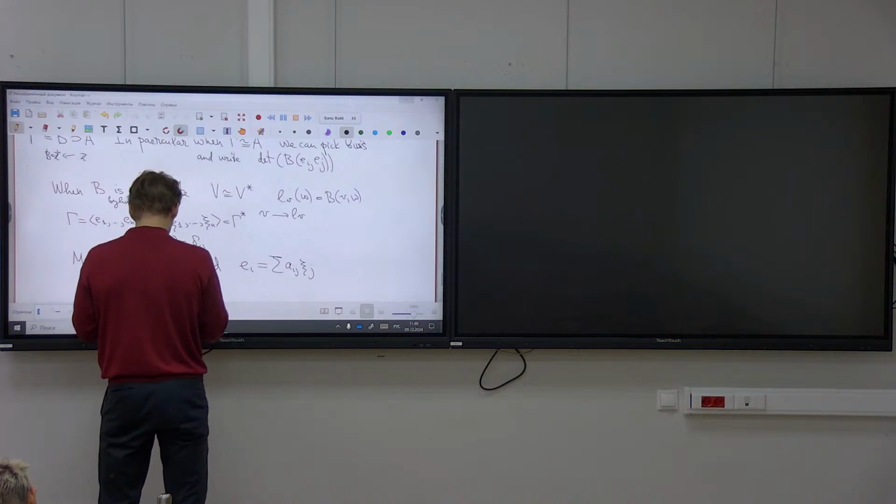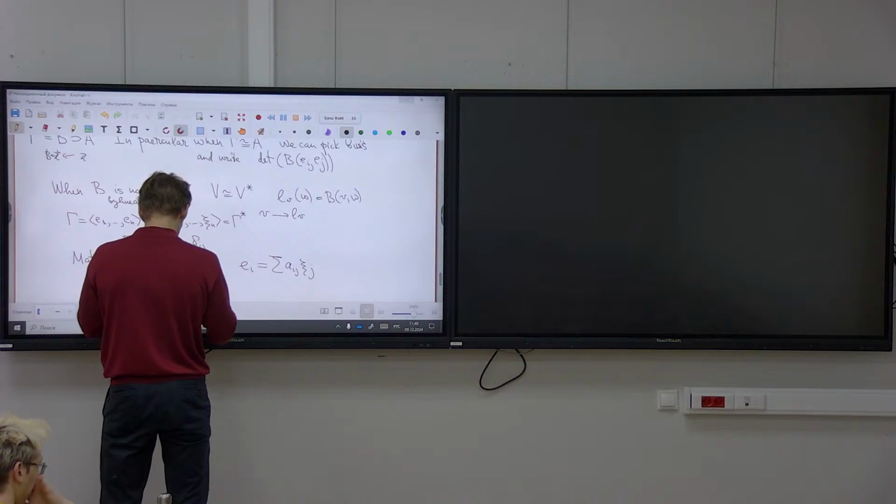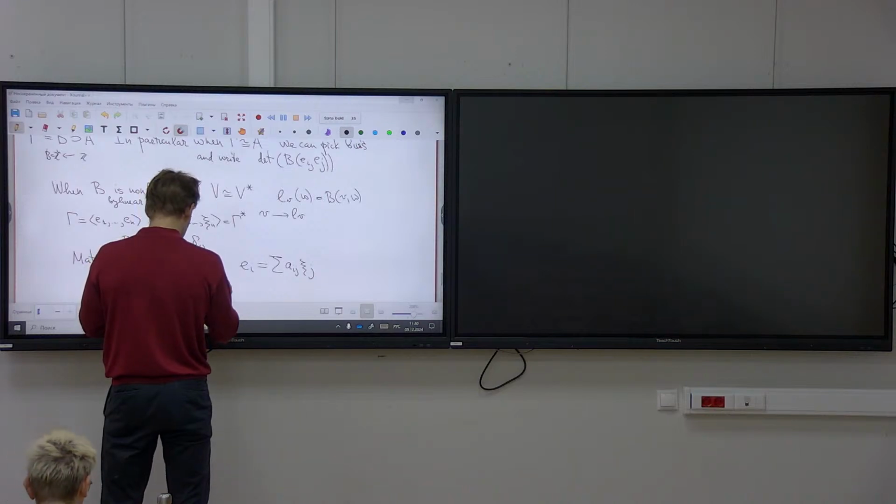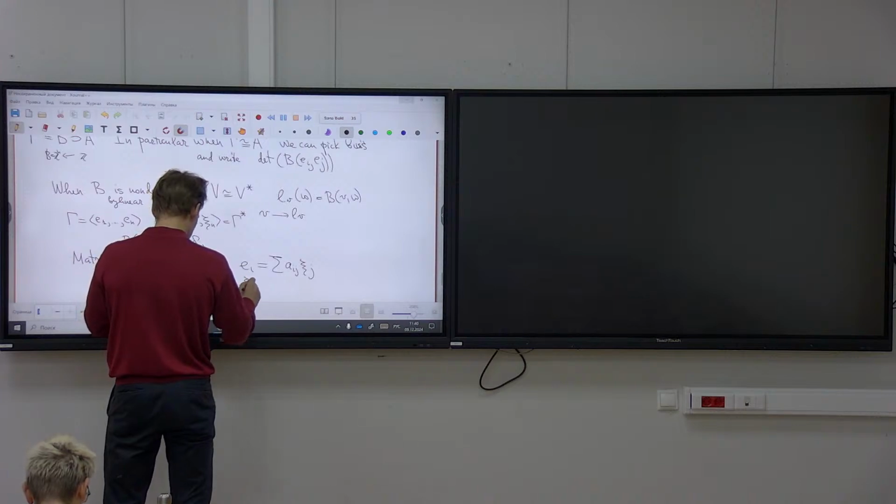This is just the matrix D that maps psi_1, ..., psi_n to e_1, ..., e_n.